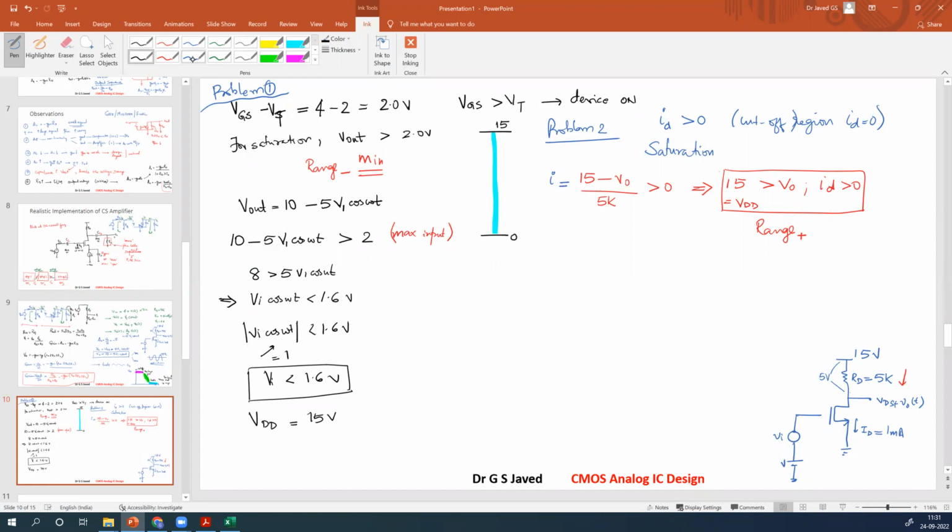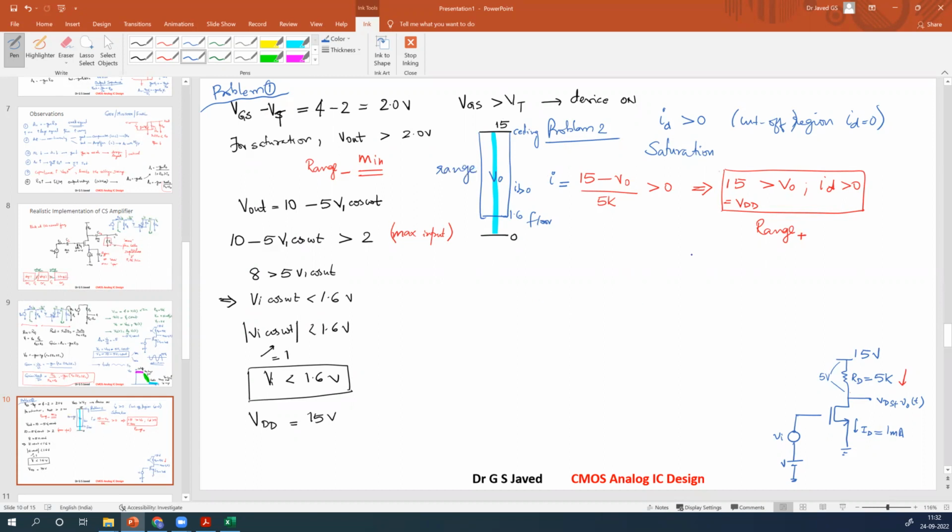What is range minus? Range minus is 1.6. So this box represents the range in which V0 has to be for ID to be greater than 0 and the device to be in saturation. This is the upper limit or the ceiling. Some people call this a floor and ceiling. This is the floor for this range.